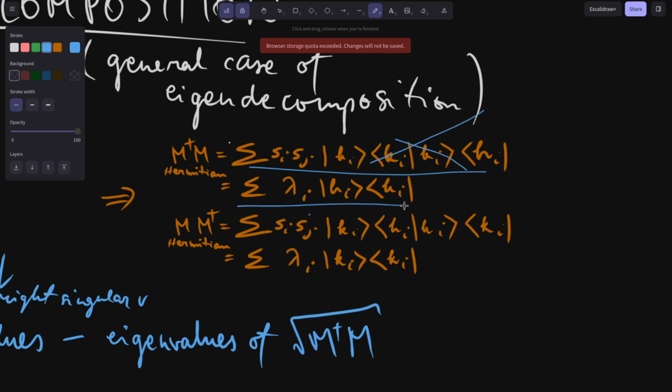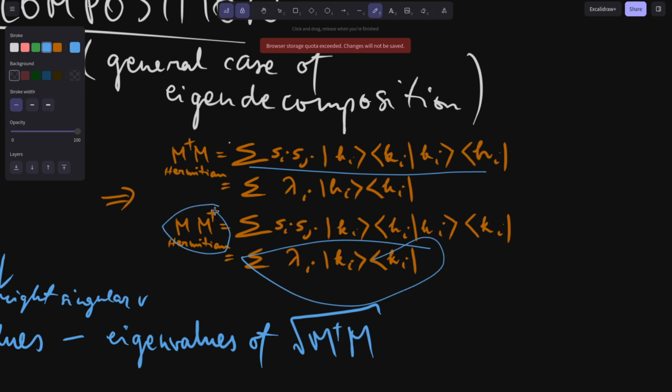And we're left with eigendecomposition. This is eigendecomposition, so this is Hermitian. Again here, we also have eigendecomposition, so this is also Hermitian. And this is eigendecomposition that resulted from this cancellation.